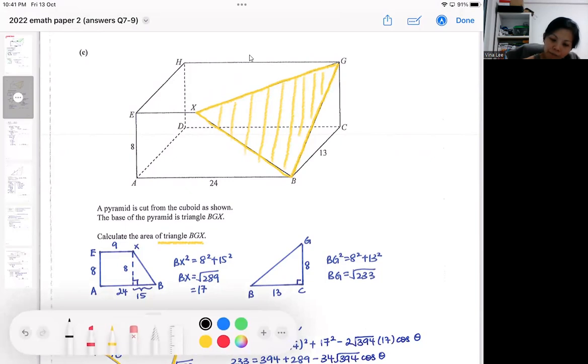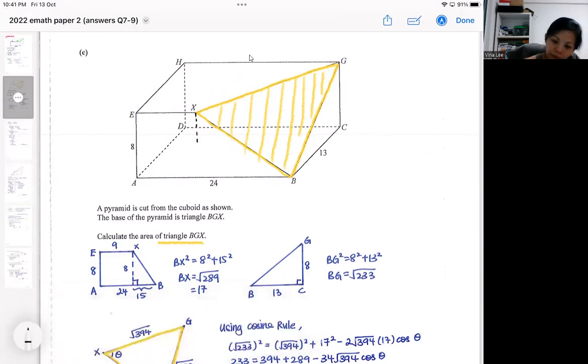For example, previously there was a trapezium, right? So previously there was a trapezium already. In a way, it is the same trapezium. And I already found out that this is 9 centimeter and this is 15 centimeter. So based on this, I can find my BX to be 17.